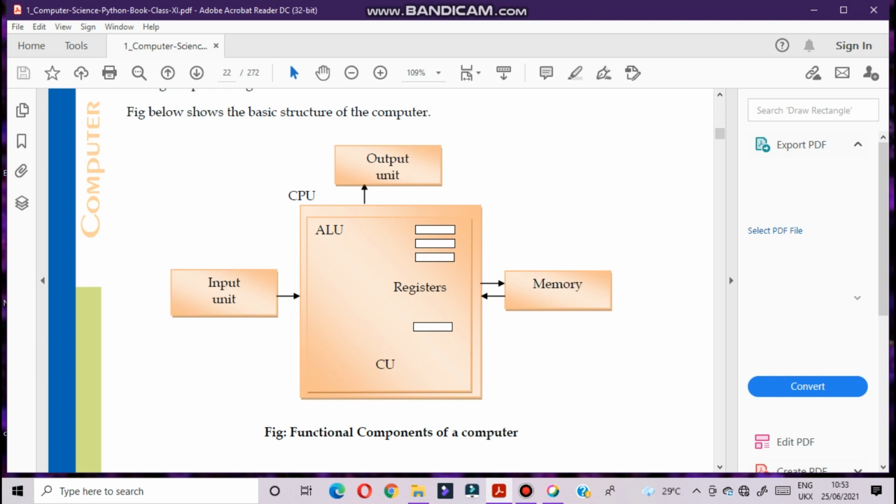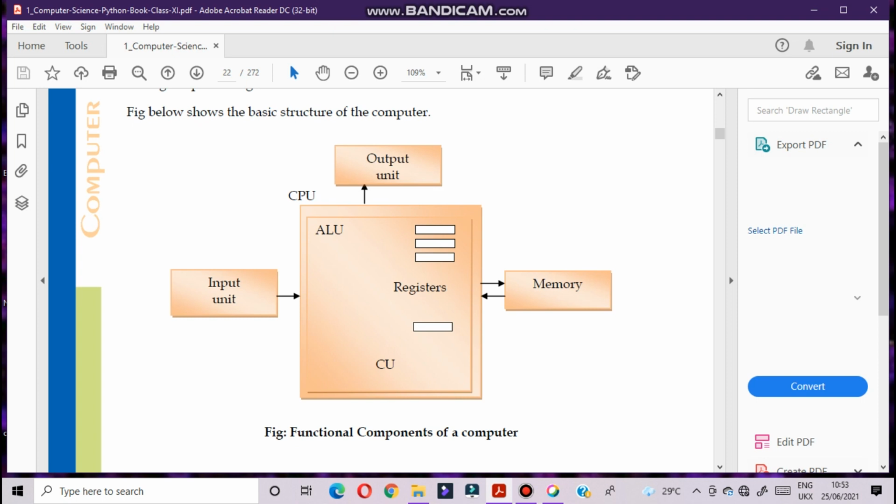When the user gives the input using an input device into the computer, it goes to the CPU, the central processing unit. What is the use of the central processing unit? It processes the input. And what is the use of memory? It keeps the data or instructions during processing.